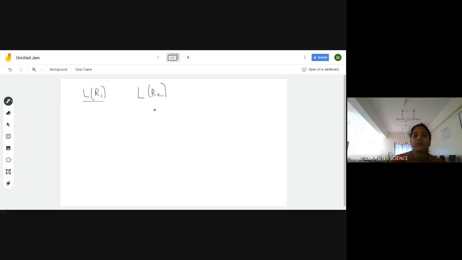I will accept the first with machine 1 and the second with machine 2. For example, there is one language called A, and one more language called B. This is one regular expression, and this is one regular expression. Right? So now I will go on with accepting these with two machines.